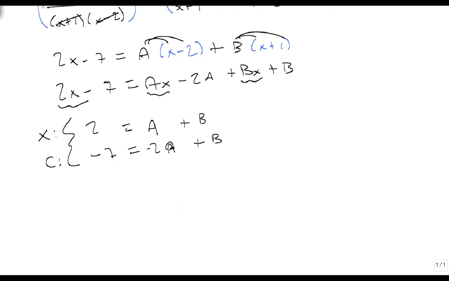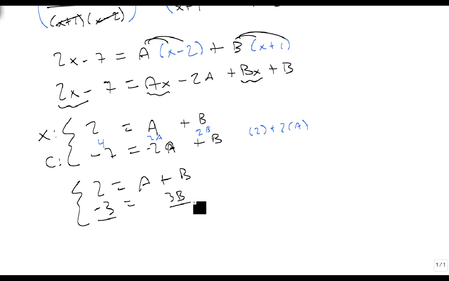Well, when we solve this, we already have our A by itself. So we're going to take 2, and we're going to add 2 times A to it. So we're going to add 4, 2A, and 2B. That gives me 2 equals A plus B, and -3 equals 3B. Well, looking at this equation, it's real easy.